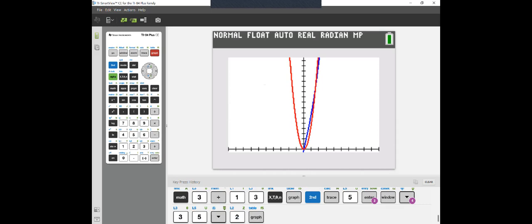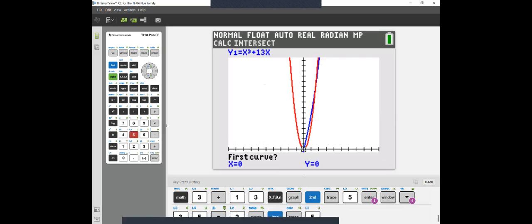So calculate the point of intersection. 1, 2. And my guess is going to go up here, at 1.54, again, 3 significant digits.